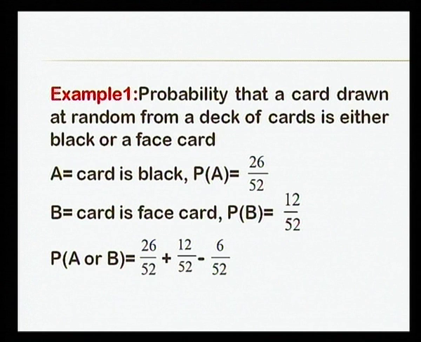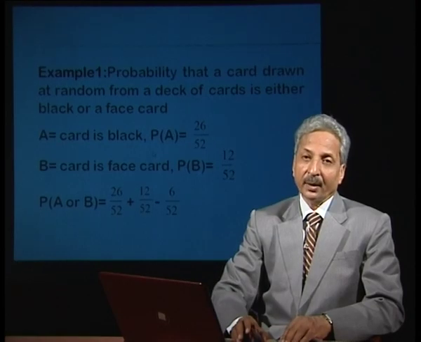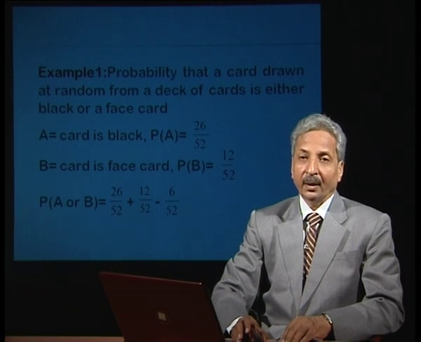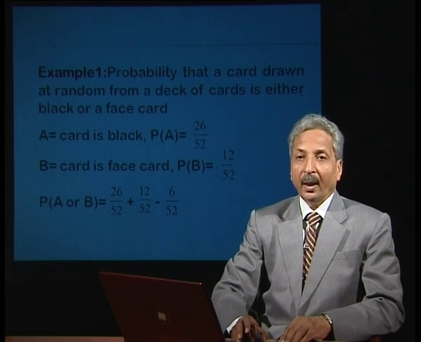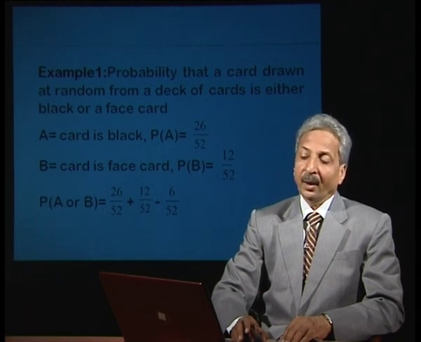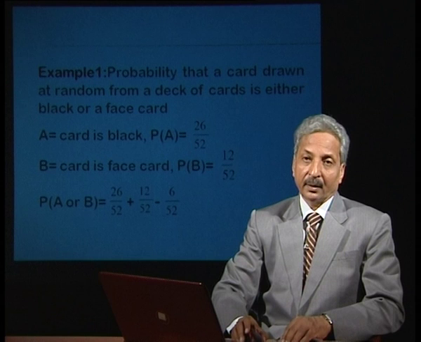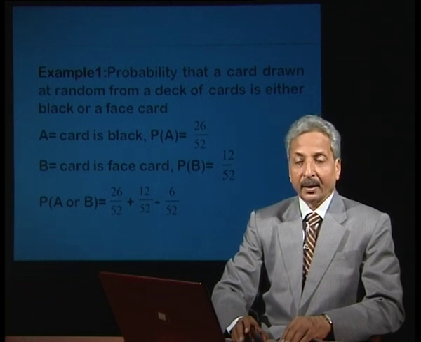Here we define the event A as getting a black card and the event B that the card is a face card. Then by using the m by n definition of probability, P(A) equals 26 upon 52, because the number of possible outcomes of the experiment, that is small n, here is 52, and the number of black cards in this deck is 26.